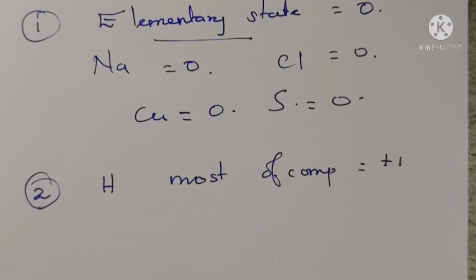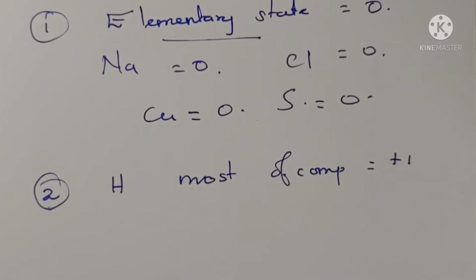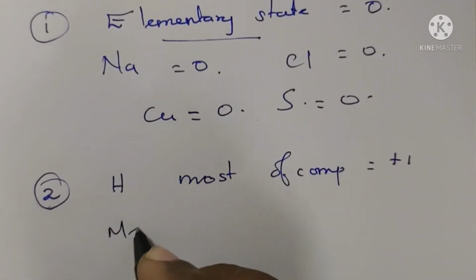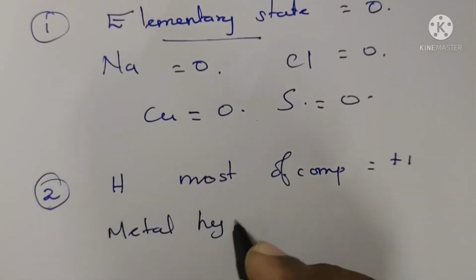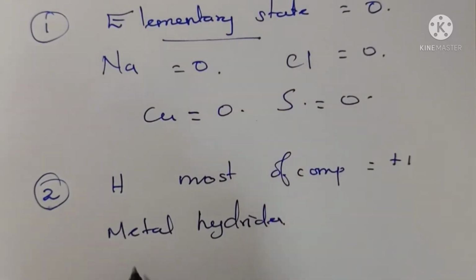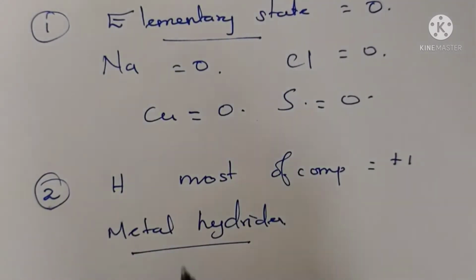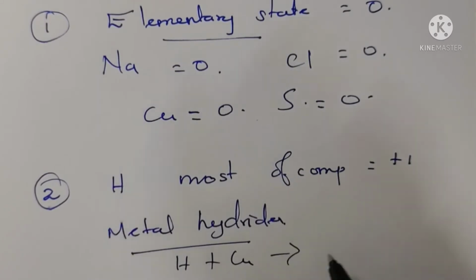The oxidation state of hydrogen in most of its compounds is +1. But in metal hydrides, what is the meaning of metal hydride? When hydrogen combines with some metal. Suppose it is combined with copper, we get CuH2, copper hydride.